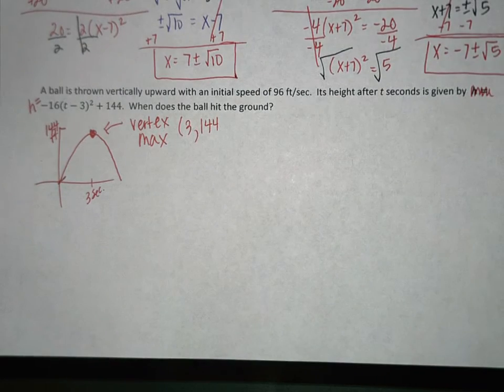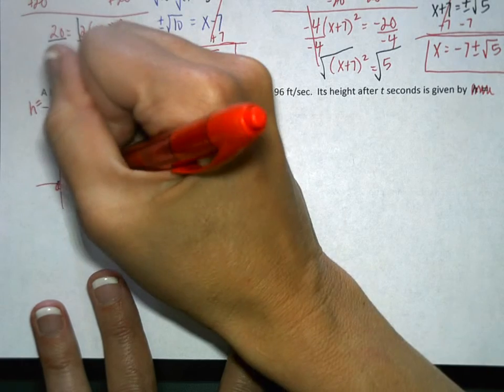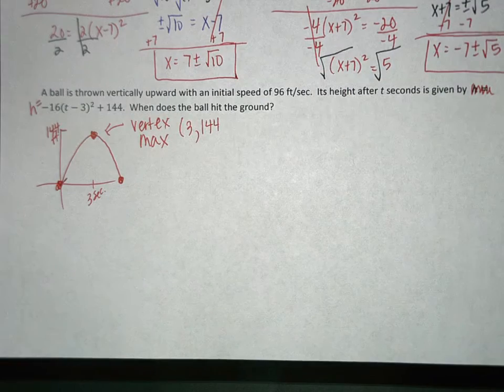The question today, though, is asking, when does the ball hit the ground? So they're wanting to know, when is this parabola going to be hitting the ground? When is it touching the x-axis?